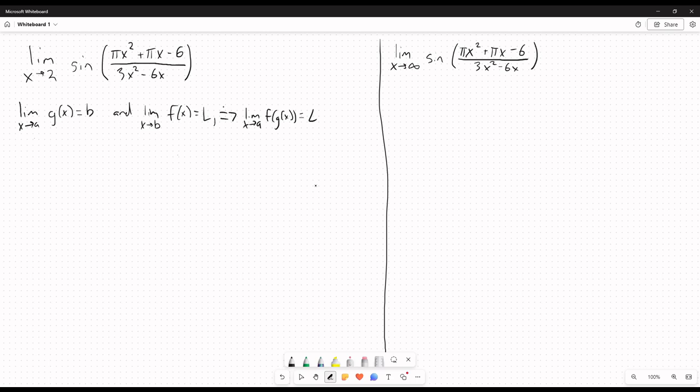When f of x is continuous at b, we can write that the limit as x approaches a of f of g of x is the same as f of the limit as x approaches a of g of x.